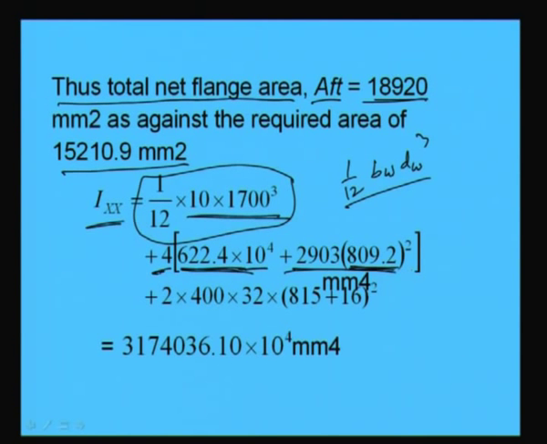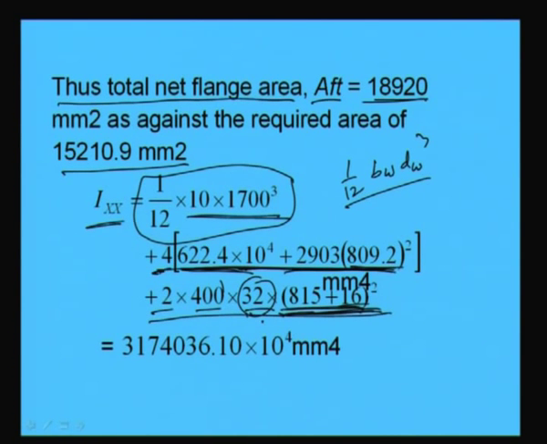So, from that, the moment of inertia due to the additional angle section has been found, plus 2 into 400 into 32 into 815 plus 16, this is due to additional plate, 2 additional plates of 400 width and 16 thickness, and the distance will be 815 plus 16, right.